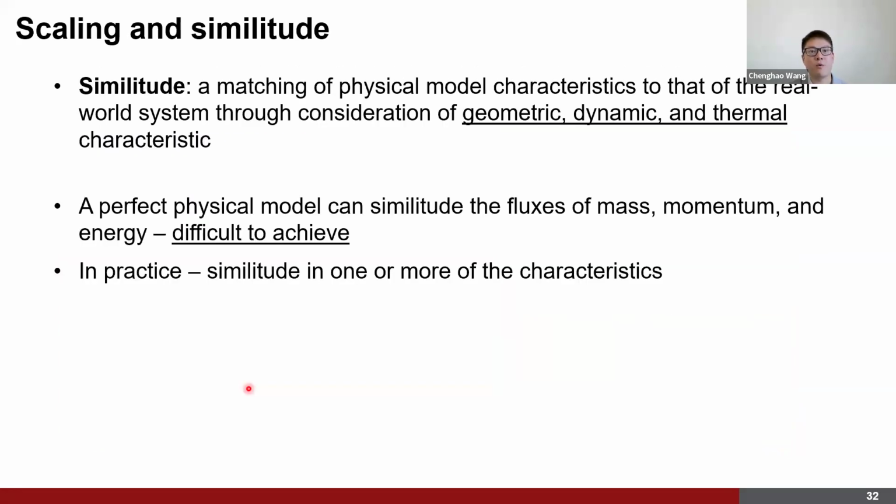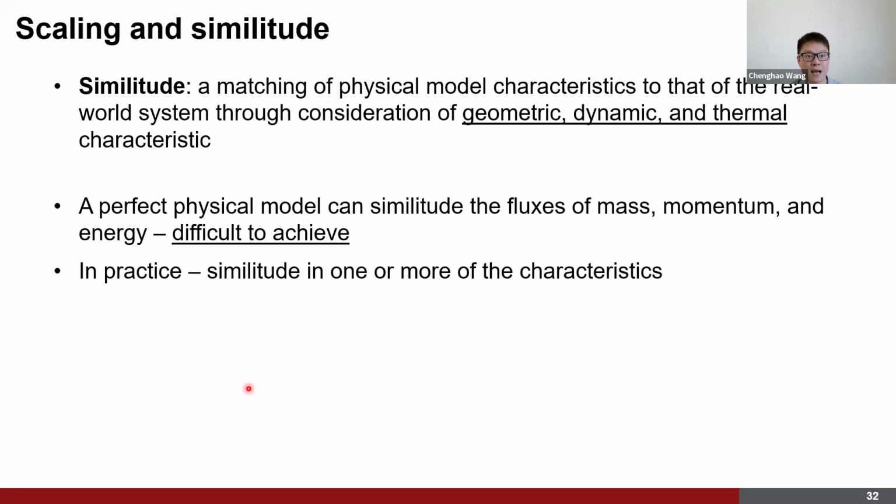Physical modeling requires similarity, sometimes called similitude, between the model and the realistic system it is representing. In general, we have three different types of similarities: geometric similarity, dynamic similarity, which is related to airflow, and thermal similarity, which is related to heat transfer. Of course, a perfect physical model should properly replicate the fluxes of mass, momentum, and energy.